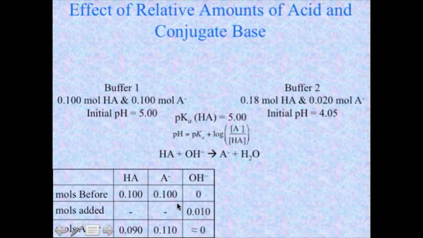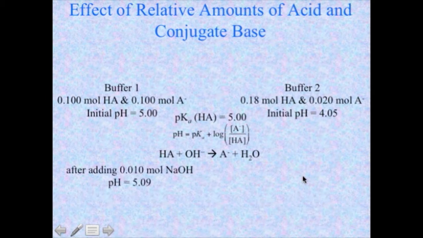So I'm going to add to buffer 1 0.01 moles of hydroxide, and it changes the weak acid concentration from 0.1 to 0.09. Meanwhile, the conjugate base concentration grows by 0.01 from 0.10 to 0.11. We plug those into the Henderson-Hasselbalch equation, and we get a pH calculated as 5.09.